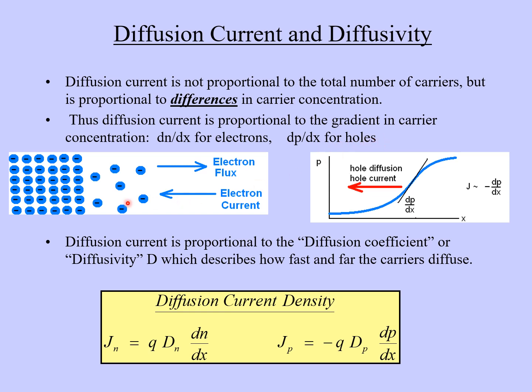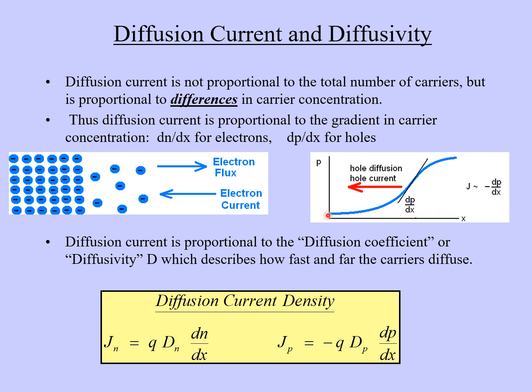Okay, so we've seen this diagram before. Remember, the main idea is if we have a lot of electrons over here and we have a few electrons over here, the electrons always flow from high population to low population. So electron flux is going to be to the right, but because they're negatively charged, the electron current will be pointing to the left. Now in this example, this plot over here is showing a plot of P, which is hole concentration, as a function of position.